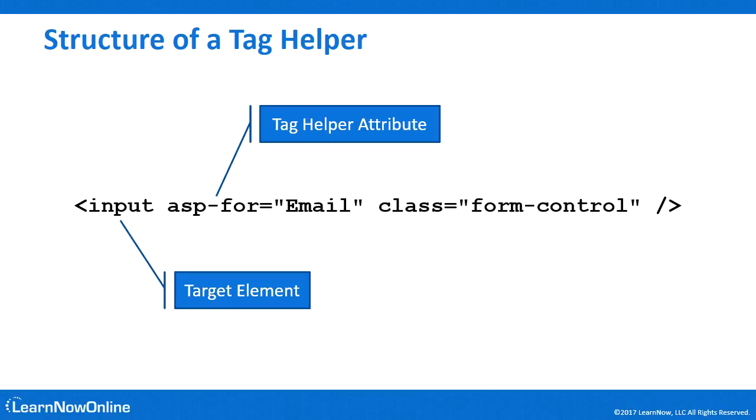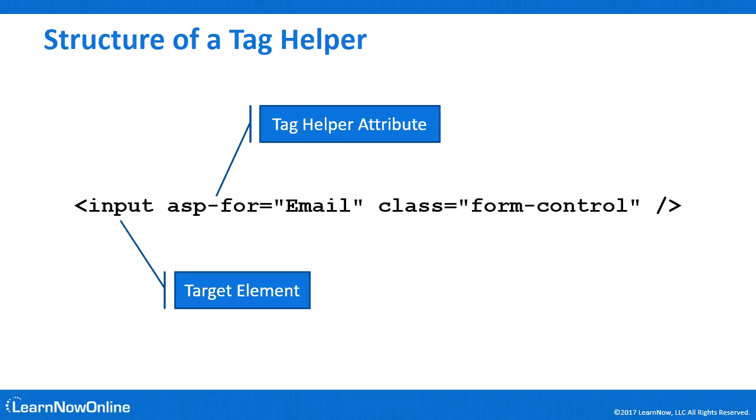And as you'll see later, the fact that this is not just a random string means that IntelliSense in Visual Studio can give you a list of possible asp-for values because it knows what model is bound to the page because you've defined that in the header to the view, and it will look at those and give you a list of the properties that you can use when you're typing out asp-for, as well as other tag helper attributes.